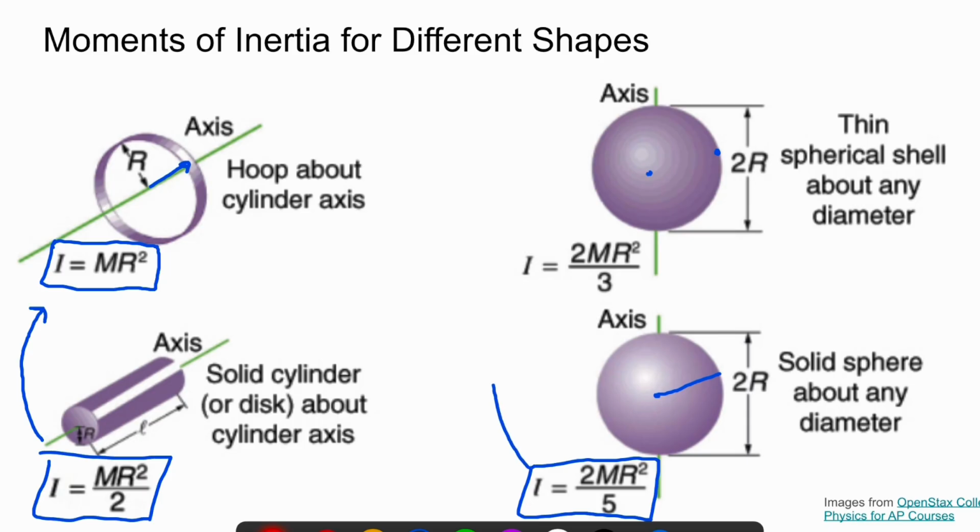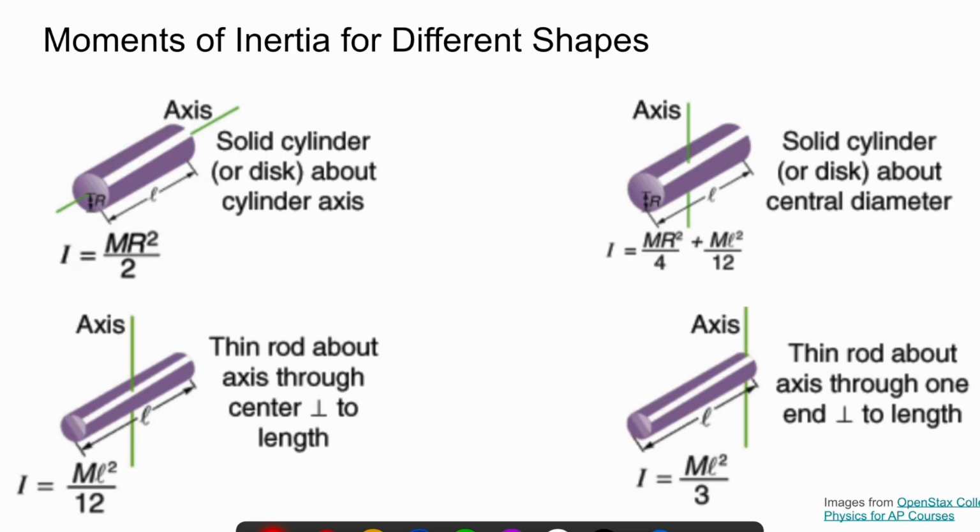And our moment of inertia similarly increases when we take that mass and distribute it to the outside. So the further a mass is from that center, the larger our moment of inertia will be, right?